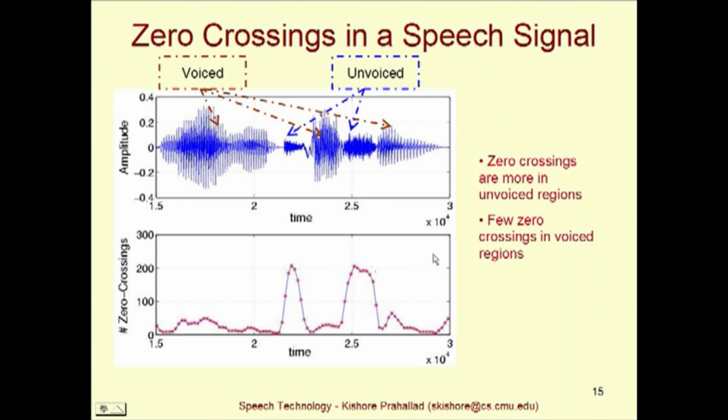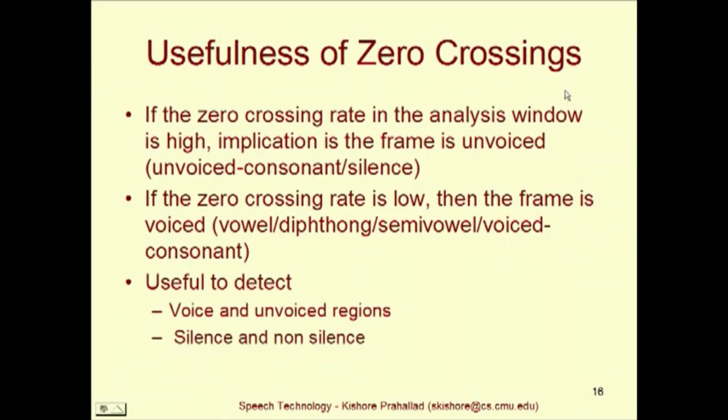So it tells you that the voiced section and unvoiced section can be detected using zero crossings. It also acts as one more meaningful feature to do the detection of voiced and unvoiced.